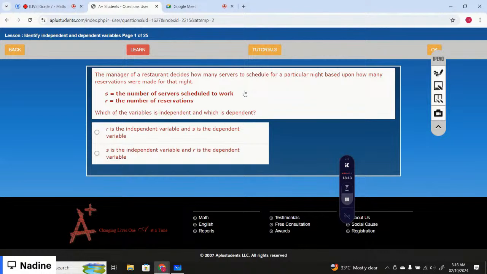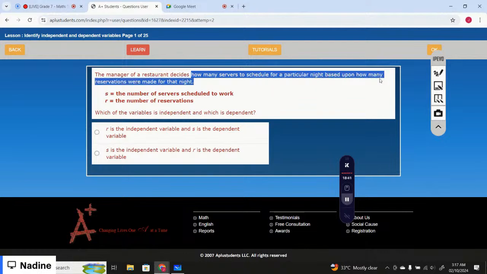The manager of a restaurant decides how many servers to schedule for a particular night based upon how many reservations were made for that night. S is equal to the number of servers scheduled to work and R equals the number of reservations. So if they have more reservations, he can have more servers. If he has fewer reservations, he can have fewer servers.